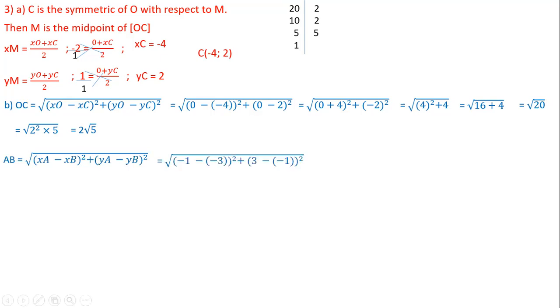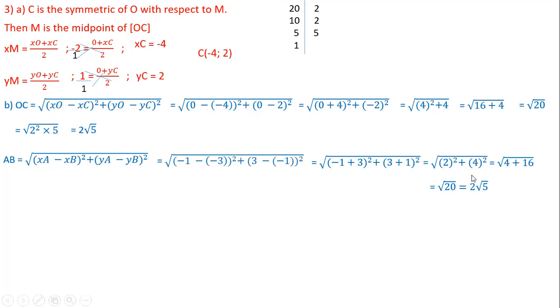We always multiply: negative times negative is positive. -1 plus 3 is 2, 3 plus 1 is 4. So 2 squared is 4, 4 squared is 16, and 4 plus 16 is 20. So we get radical 20. We do the prime factorization once because we have already done radical 20, and it is 2 radical 5. So OC is equal to 2 radical 5 and AB is equal to 2 radical 5.